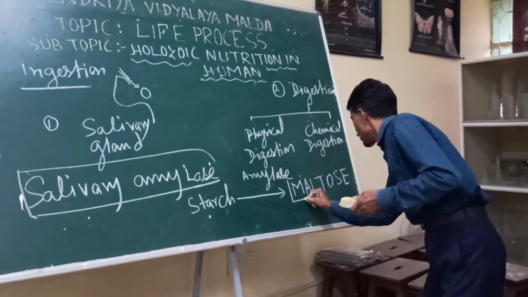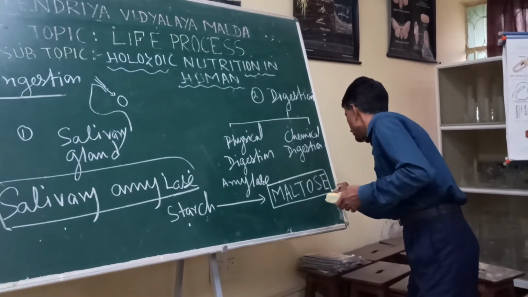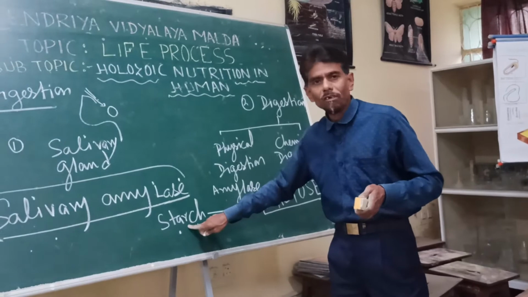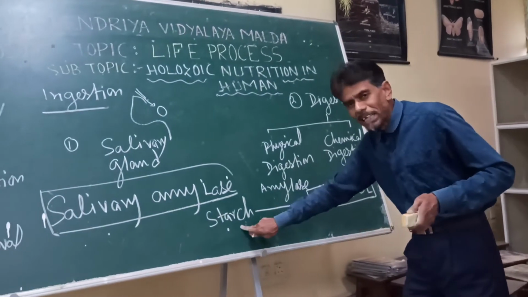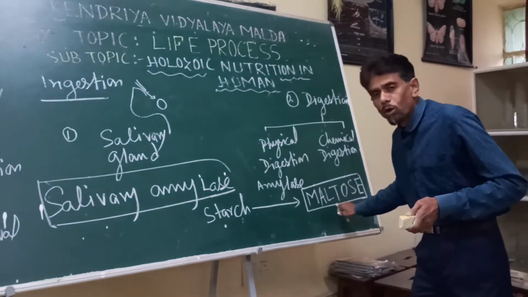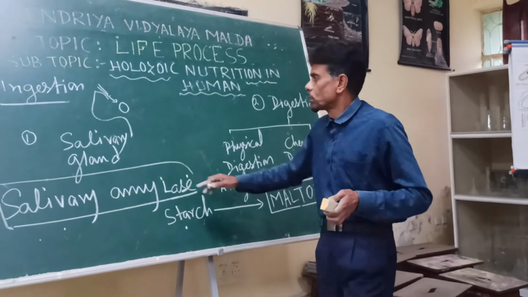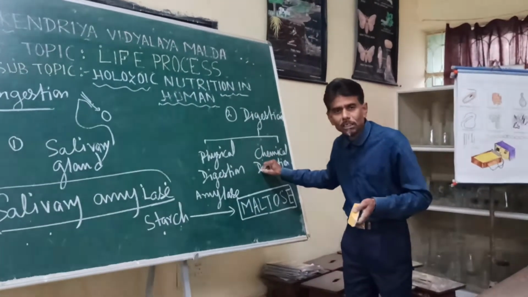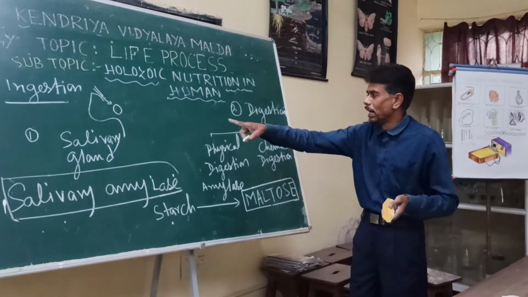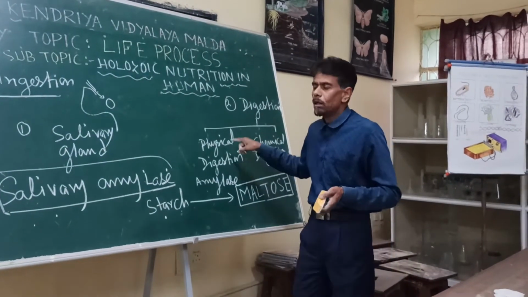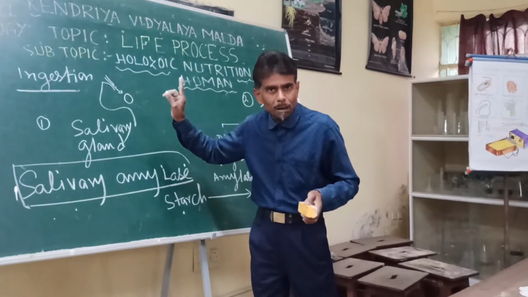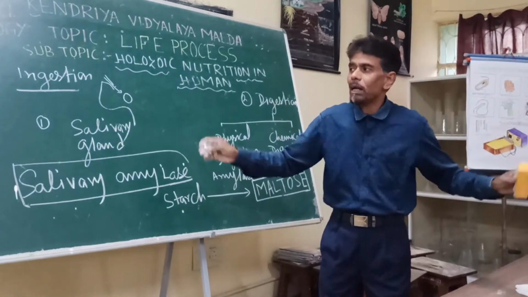Maltose is a comparatively simple sugar, a simple form. Starch is a very complex form. It is a polysaccharide, and maltose is a disaccharide. So partially the chemical process of digestion, along with the physical digestion, takes place within the mouth cavity itself. Is that clear to you?